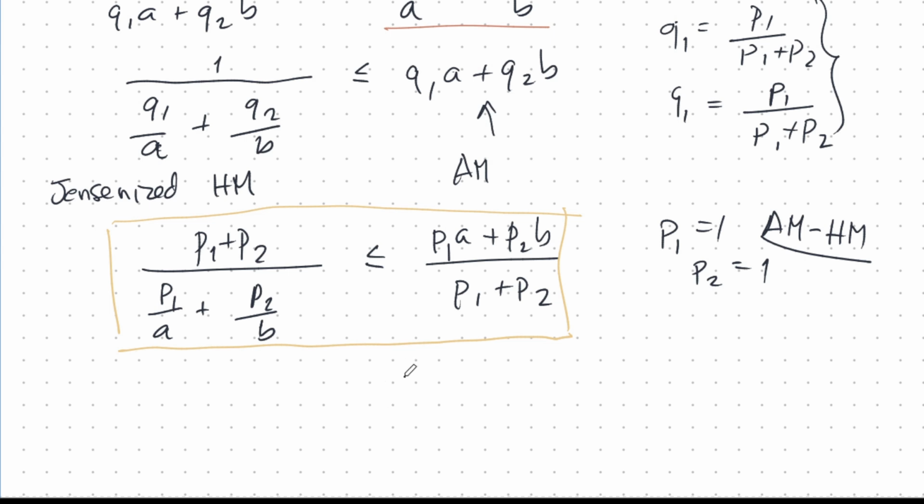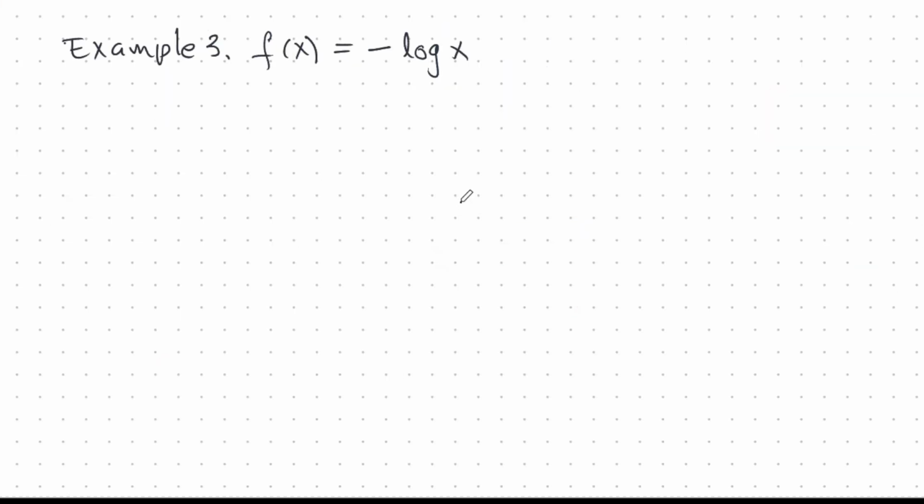So let's do one more. And this is going to be the big one, my favorite one, minus log x. Minus log x is convex up. You can prove that by taking the second derivative, but we need to have x1 greater than 0, of course.